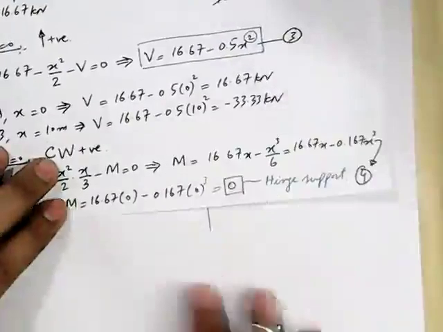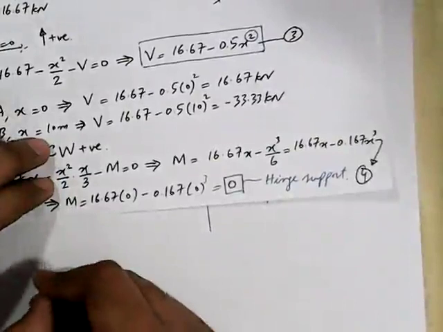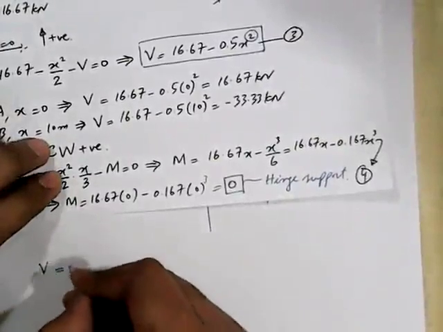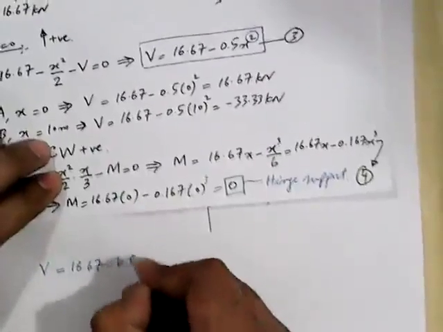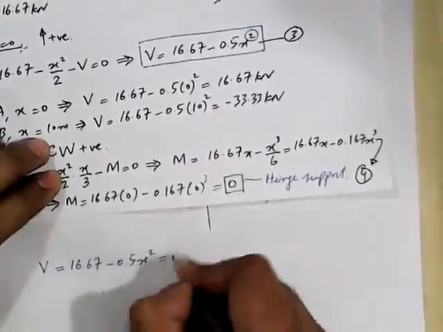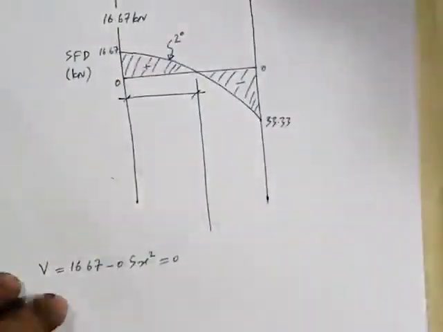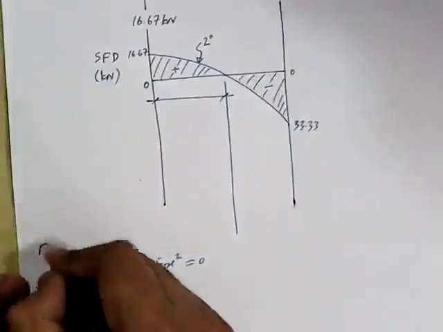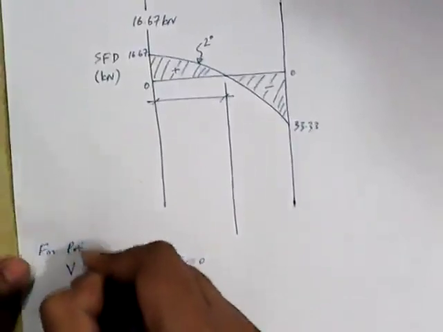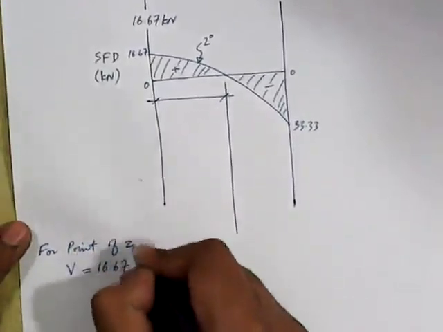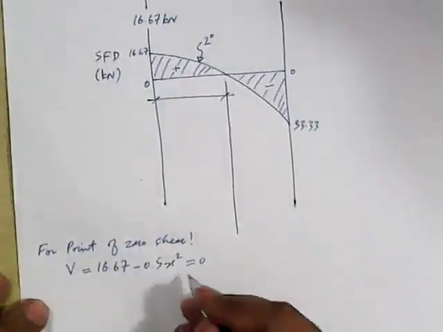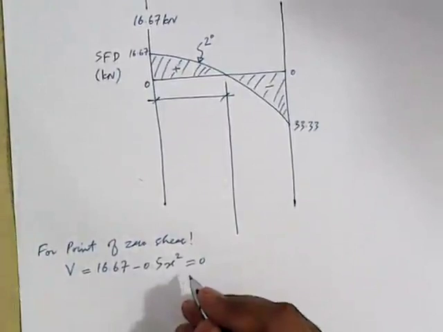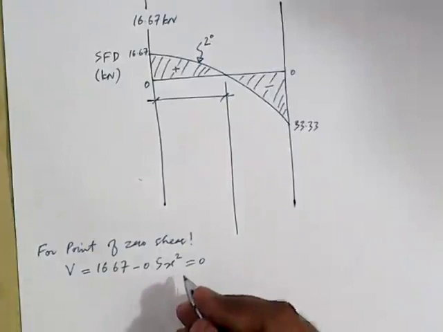So let me write it down. V is equal to 16.67 minus 0.5 x squared. So just put it equal to 0. We are doing this calculation for the point of zero shear. If we go through the calculations, let me give you the value of x directly.